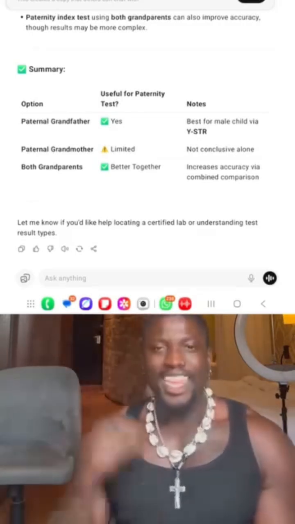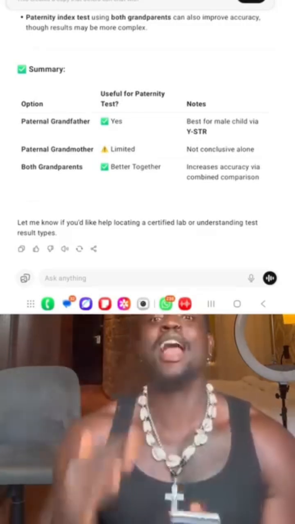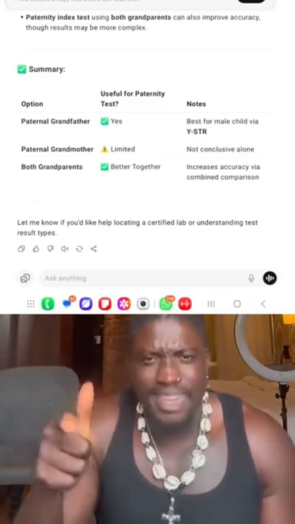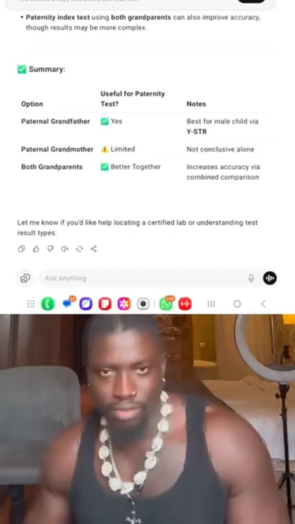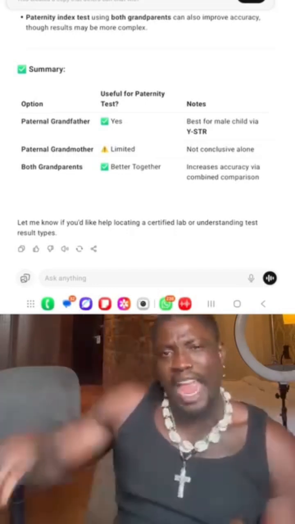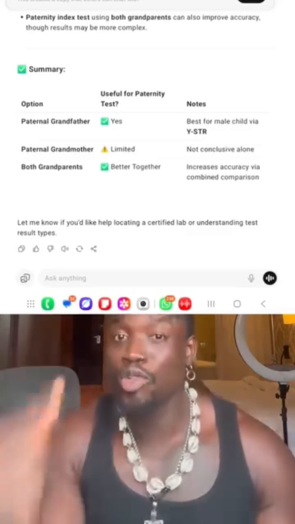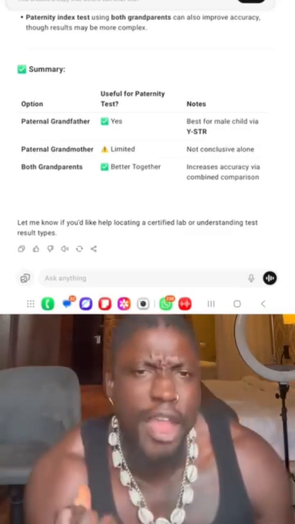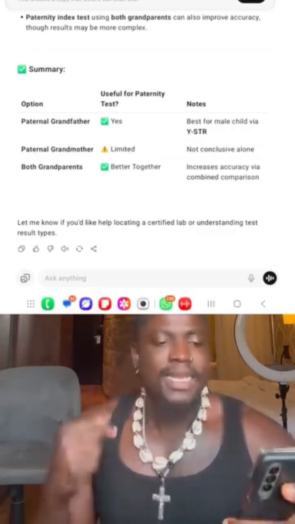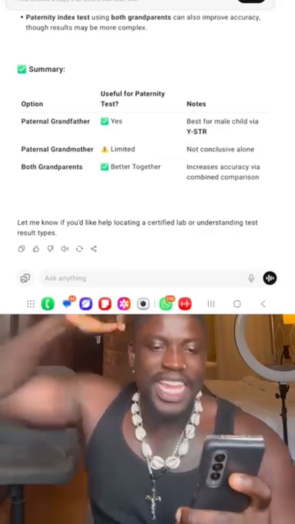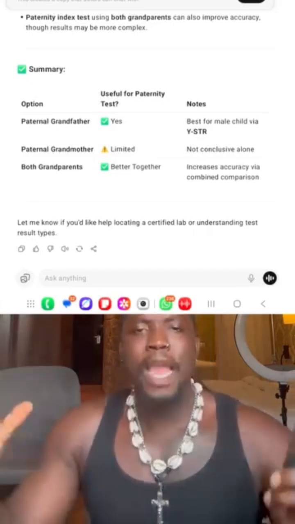For the grandfather, the accuracy will be a little bit more, to point and say, yes, now my son born this son. Now Mohbad, now I born this boy. But for the mother, it is not conclusive. The percentage will be very, very low. Now, both grandparents better together, increases accuracy via combined comparison.